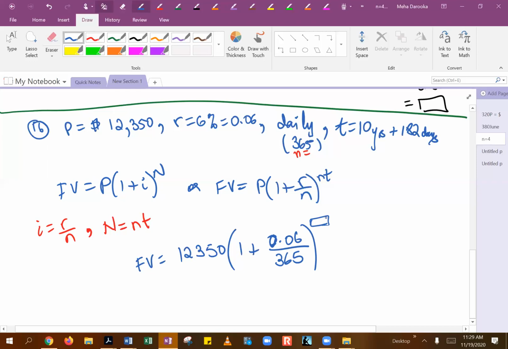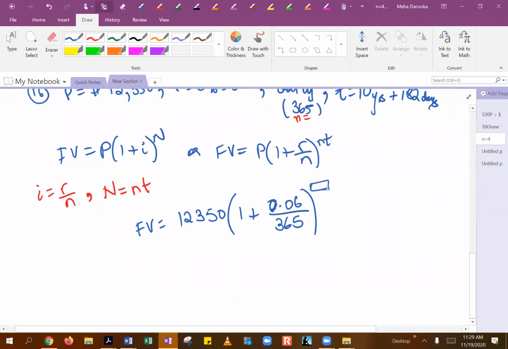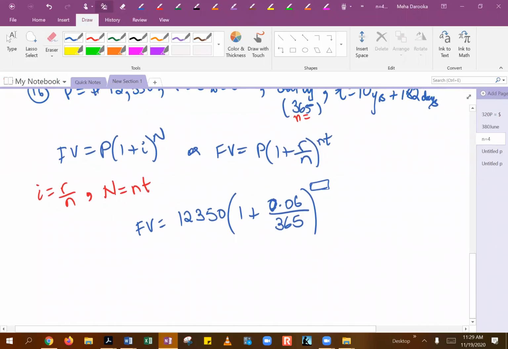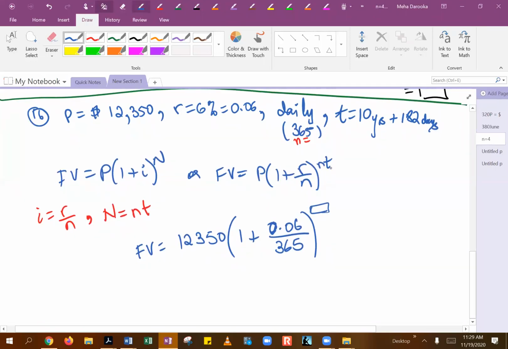So let's take a look at how do we want to do this? Because we have to do N times T, and our T is 10 years and 182 days.